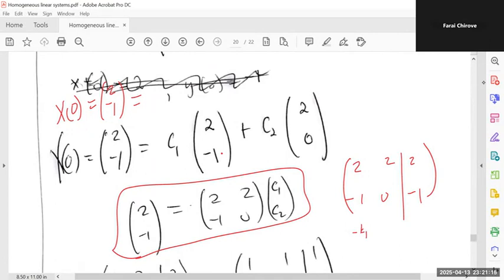Minus c1, sorry, is equal to minus c2, is equal to minus 1, sorry, which implies that c1 is equal to 1, just from this row here. Then I can now have 2c1 plus 2c2 is equal to 2.